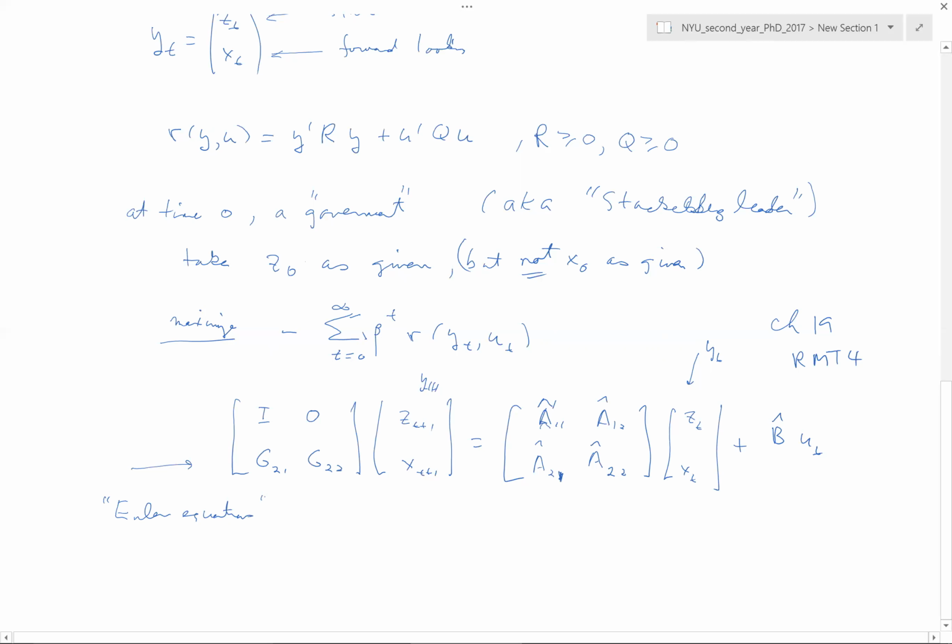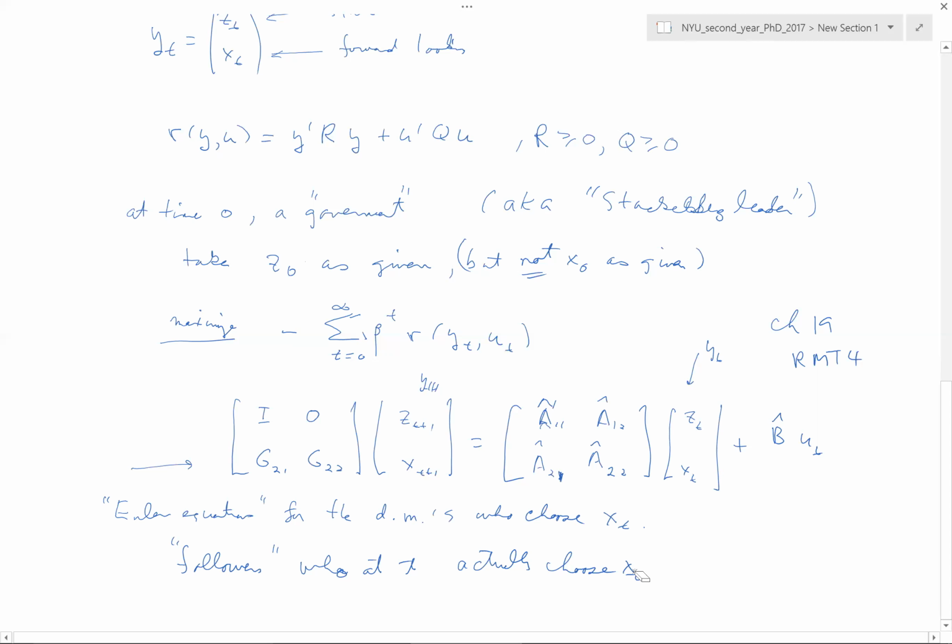These are Euler equations for the decision makers who choose X(t). So we're going to have in mind that there's some followers who at t actually choose X(t).